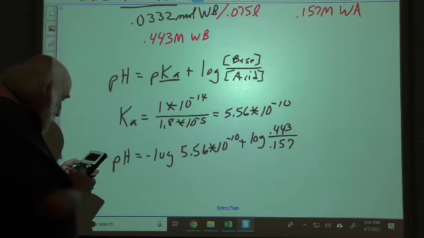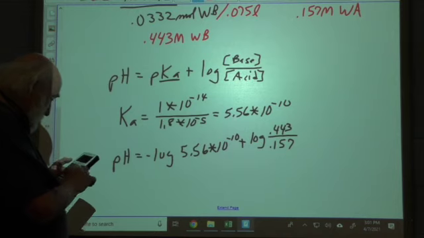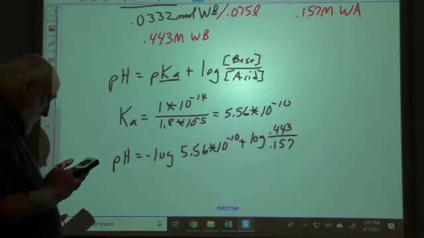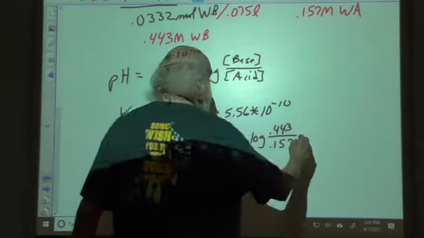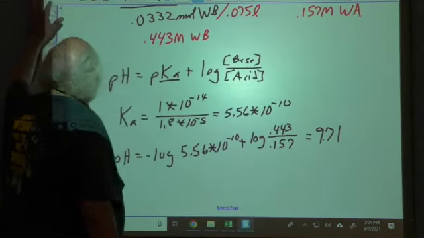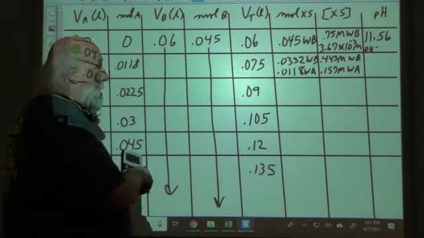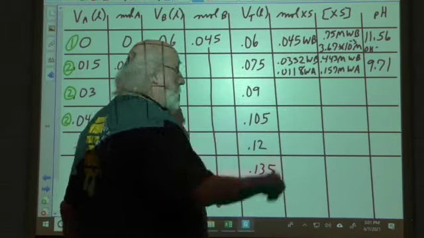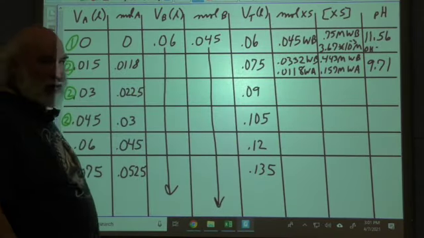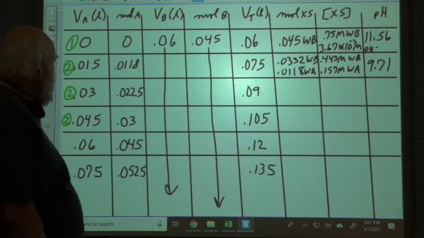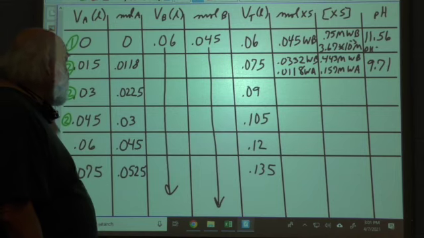Hang on, I've got the parentheses after the negative 10. Let me fix that. Insert parentheses. And we'll get 9.71. So we'll go back to the chart and put in 9.71 right here. So a big drop, almost 2 full points, kind of like the big rise of quite a bit in the previous problem that we did in the last lesson.